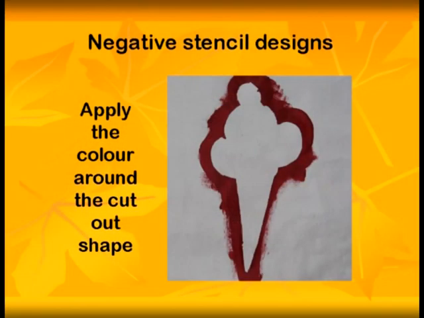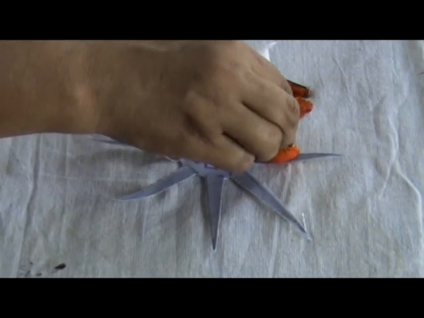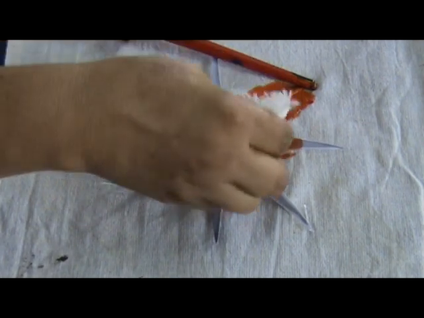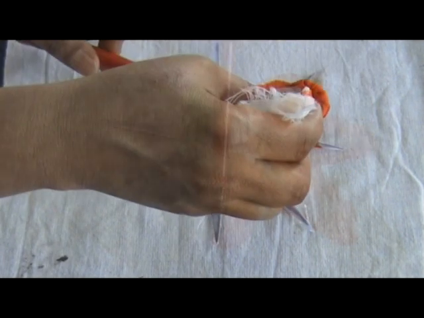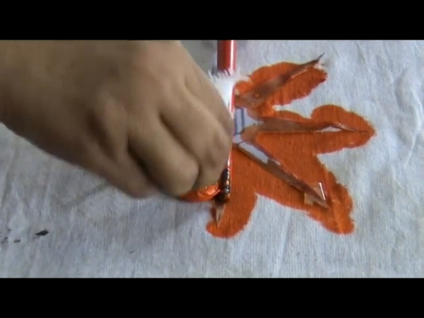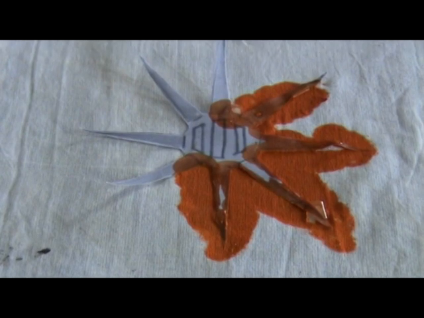Negative stencil designs. Till now, only positive stencil printing has been considered. Try out the negative stencil idea too, where you apply color around the shape, leaving the shape itself with the color of the fabric.